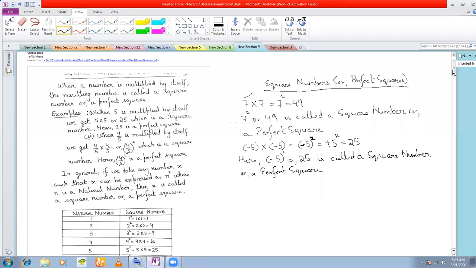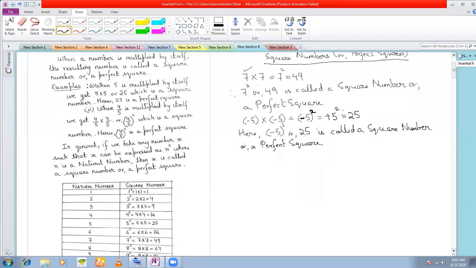Similarly, if you have a fraction, like say 4 by 5. Now what is the square of 4 by 5? You multiply 4 by 5 with itself. You get 4 by 5 square, which can also be written as 16 by 25.